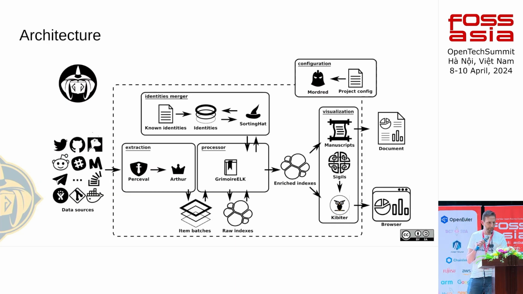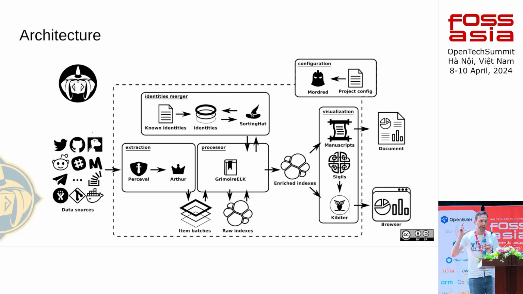So, a bit of the architecture, which is basically what I was defining. On the left, you can see all the different data sources, Git repositories, and so on. Right in the middle, and this is perhaps one of the most important things, to take care of personal data and personal identifications, there is a tool called Sorting Hat.